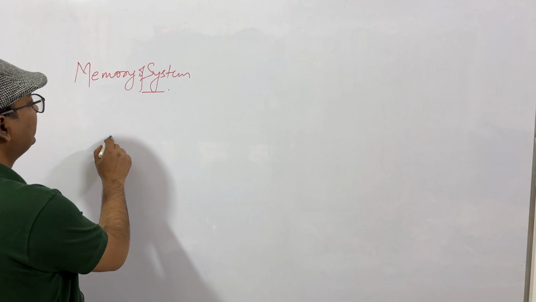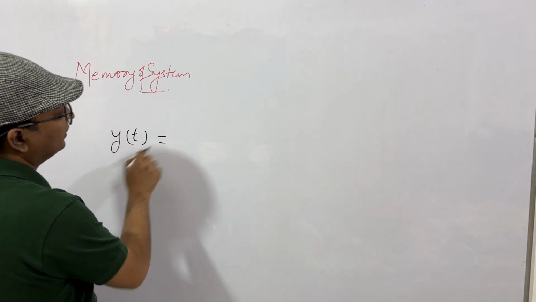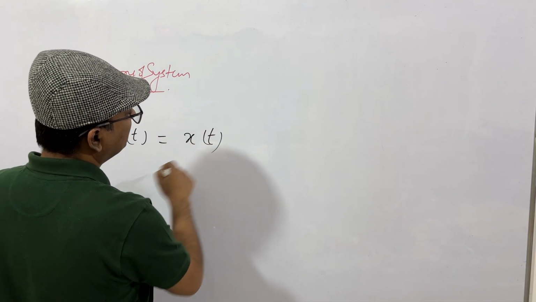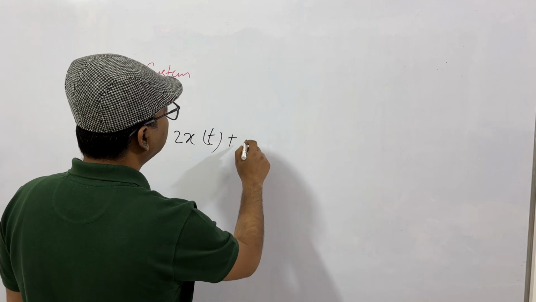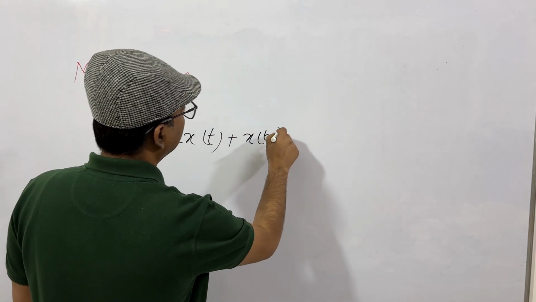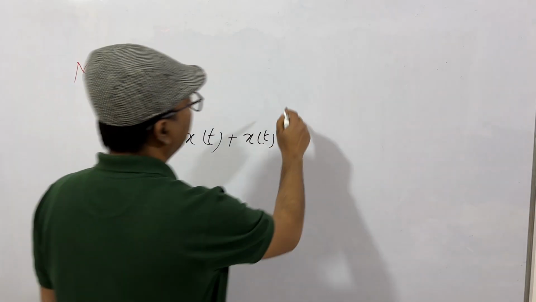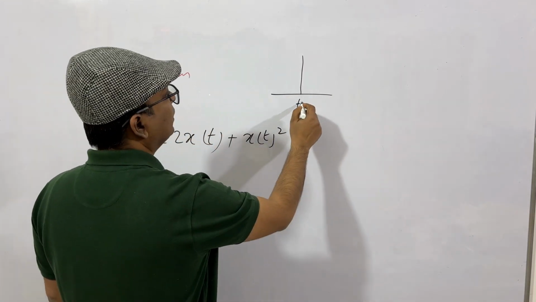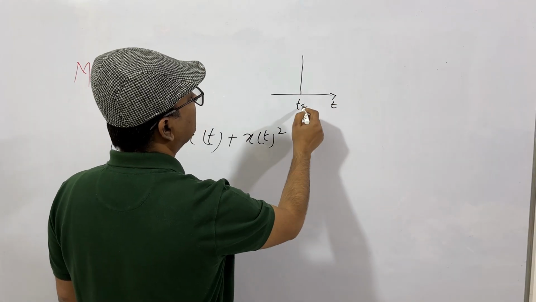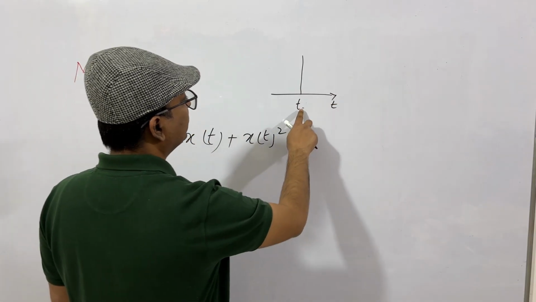That is, if we have y(t) that is dependent on x(t) only, it can be 2x(t) plus, let's say, x squared(t).